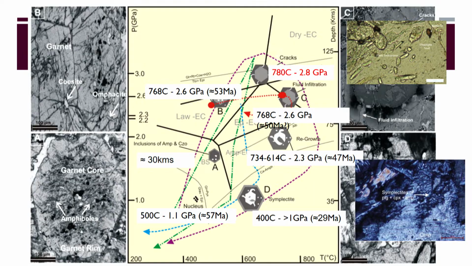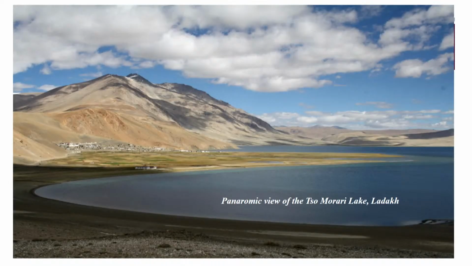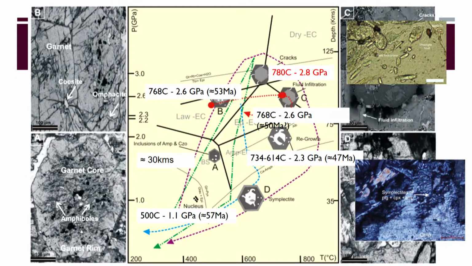I haven't shown that here because I just wanted to give you an ultra high pressure story, and I think I've stopped very early. But yes, this is how Somorari Lake looks, and this is a part of my field area, the Puga gneisses. But yeah, I'm open to questions, so we can have a lot of questions.